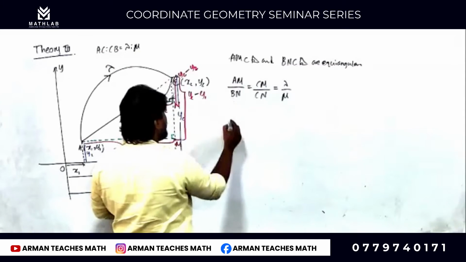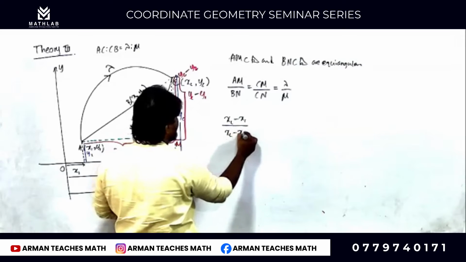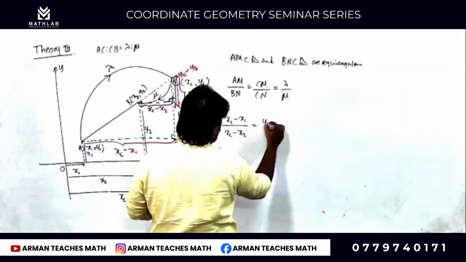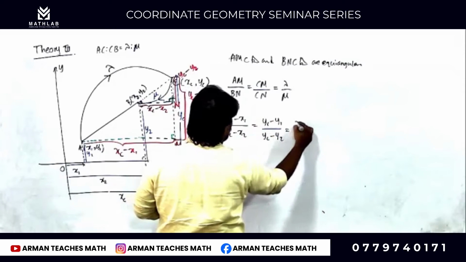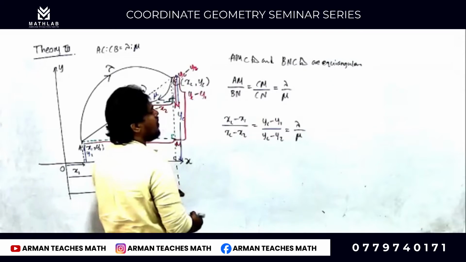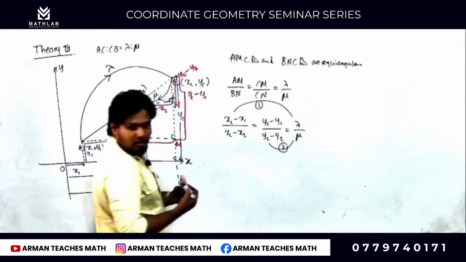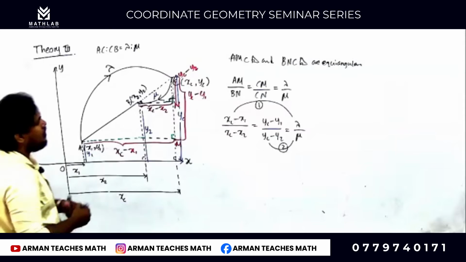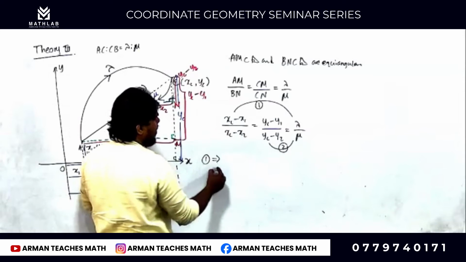So AM length is equal to XC minus X1, over BN length, which is equal to XC minus X2. CM length is equal to YC minus Y1 over YC minus Y2. This is equal to lambda over mu. Let's take this as the first equation, this as the second equation. Did I make a mistake in writing? So what do we have?